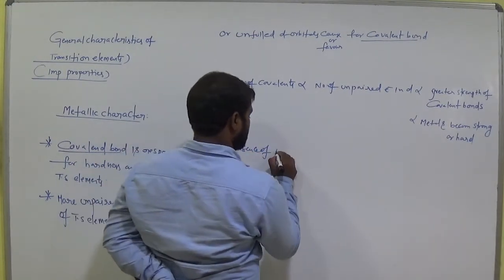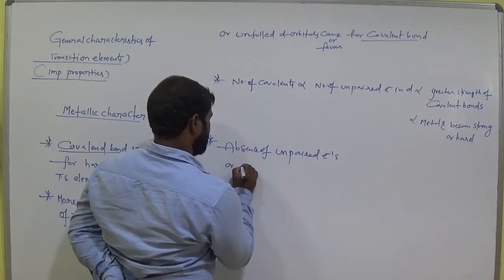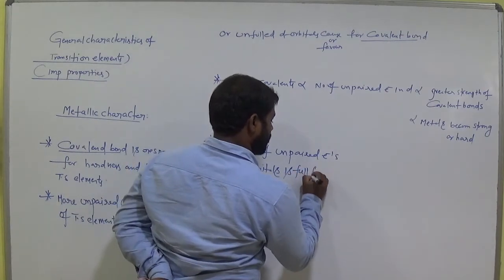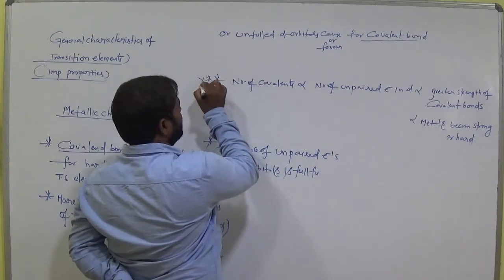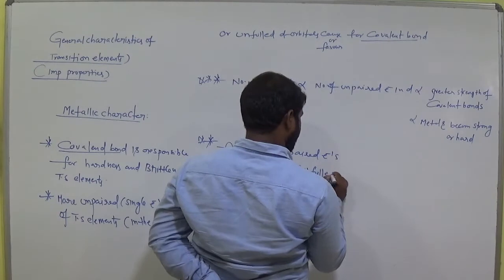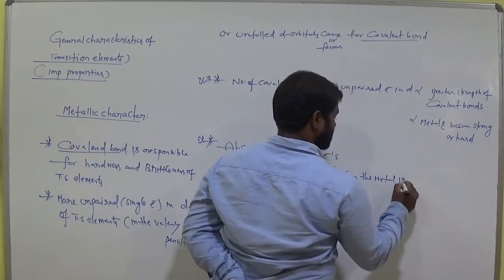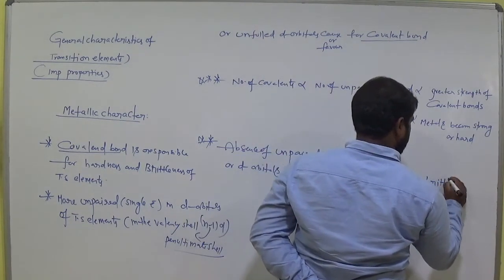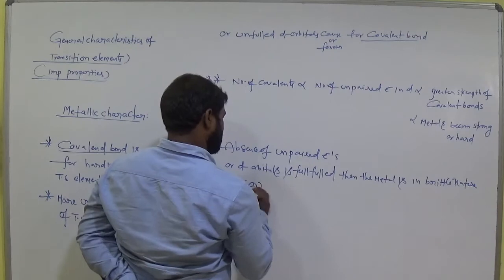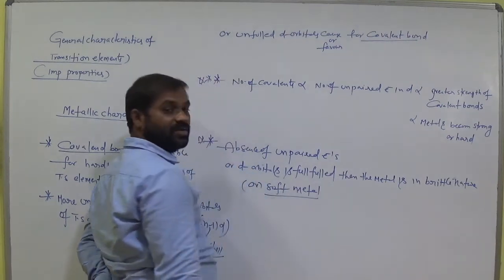In the absence of unpaired electrons, when the d orbital is completely filled, then the metal is brittle in nature, that means a soft metal.